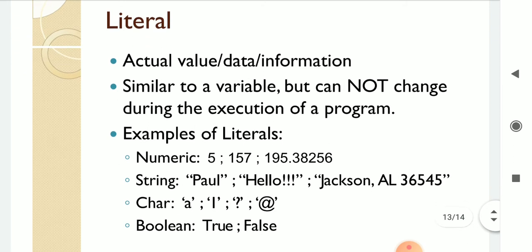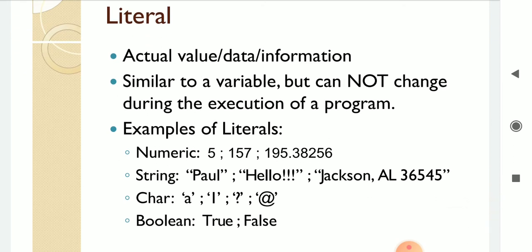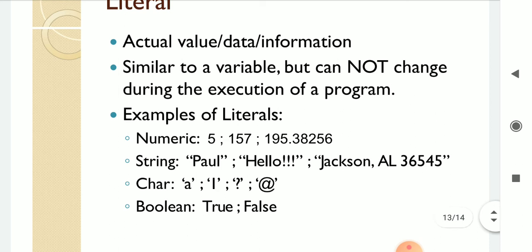Now, some of the literals. Literals are the values you put in a particular variable. For example, numeric values like 5, 157, 195.38256. These are the values which you are giving into the variable. String means more than one character, and all the characters are put into double quotation marks.